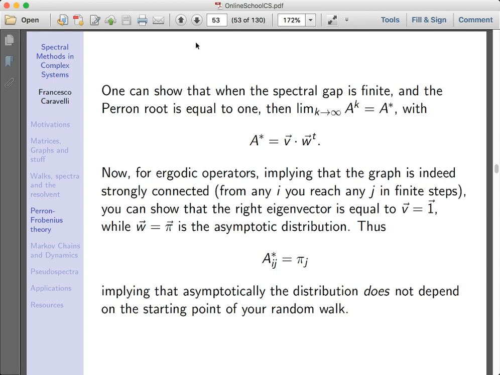And you can prove that if the graph is strongly connected, which means given a node i, you can visit all the other nodes j in a finite number of steps, then necessarily you must have only one root.